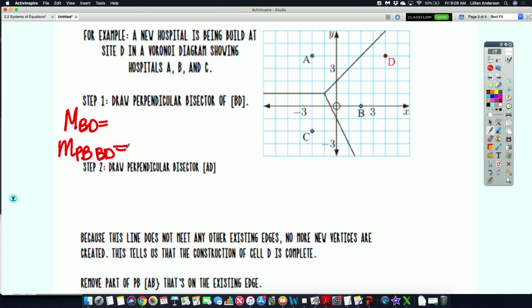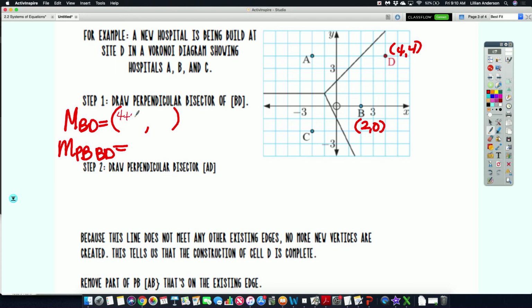Those are the 2 things that I need. Let's find the midpoint between B and D. B is located where? 2, 0. D is located 4, 4. Okay? I need to find the midpoint between those 2 points. Midpoint, how do I find it? X1 plus X2 divided by 2, and Y1 plus Y2 divided by 2.